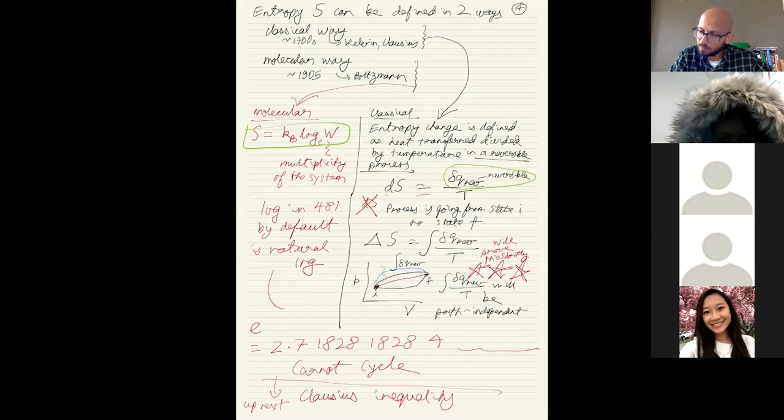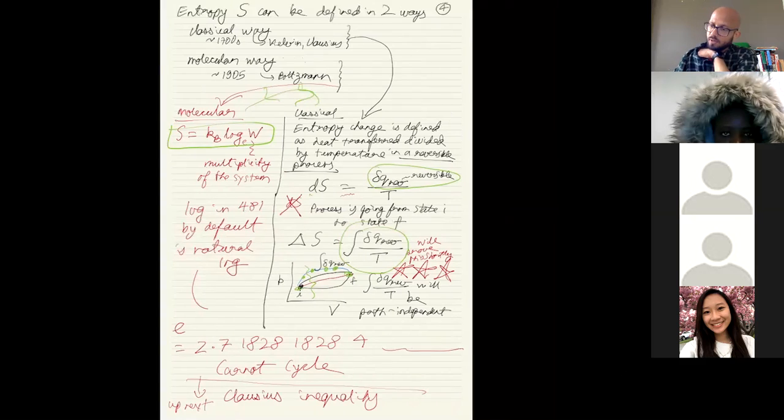So for these different paths going from I to F, if you just integrate delta q reversible, it's different. However, if at every point you calculate the temperature, which might be changing, divide by that and then integrate, you get a path independent function. That's our change in entropy. It is the integral of delta q reversible by T. These two definitions are equivalent. McQuarrie's book talks about it. We did not go into it.